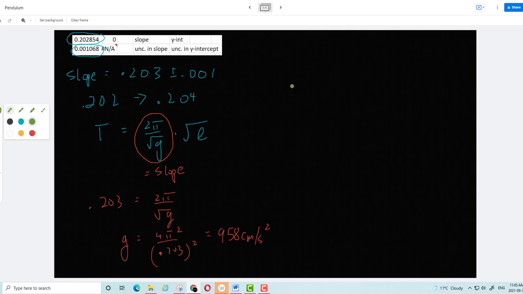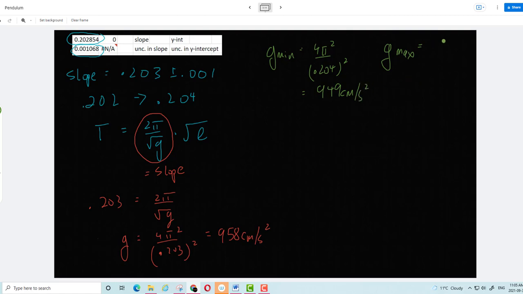What we can do, though, is we can work out what's the minimum value that we could get for g from our data, and what's the maximum value. So the minimum value would be, when we have that 4 pi squared divided by the largest possible value, which would be that 0.204, and you need to square that. And you get a minimum value of 949 centimeters per second squared.